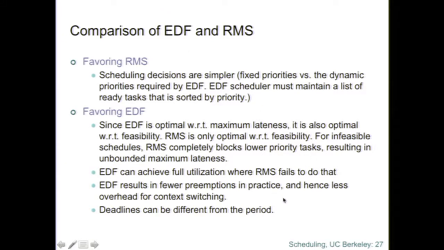In an infeasible schedule, rate monotonic scheduling will completely block lower priority tasks, resulting in starvation. And remember that priorities, periods, and worst case execution times are all pulled out of a hat by some engineer. They are not really fixed properties of some physical system.